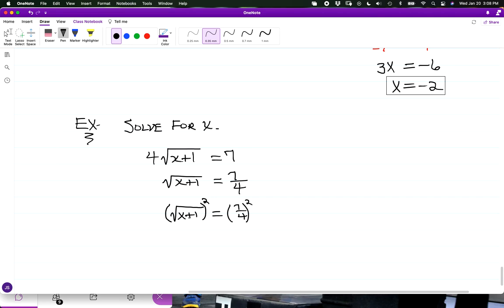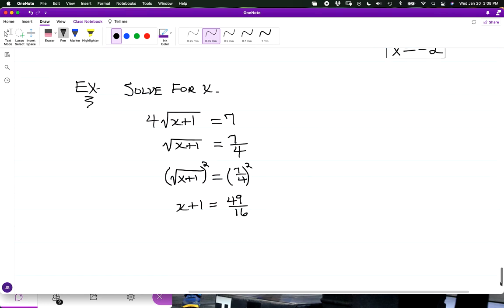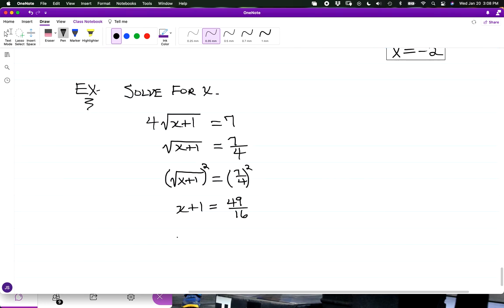So the square root of x plus 1 squared will become x plus 1. 7/4 squared, 7 squared is 49, 4 squared is 16. And if I get x by itself, I'm going to take 1 away from both sides. So you have 49/16 minus 1.